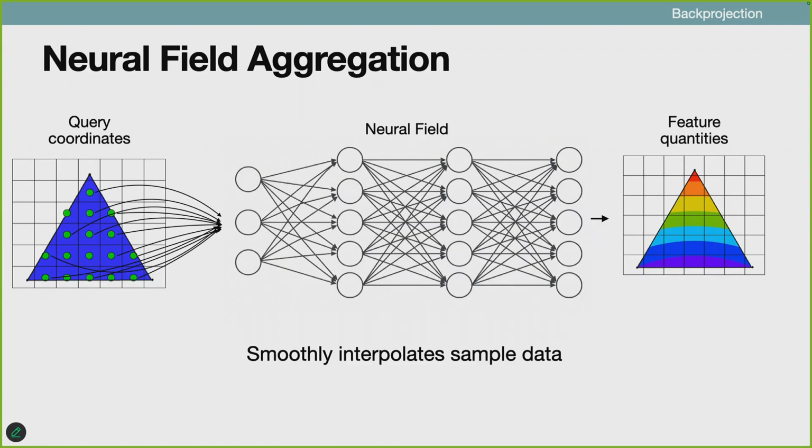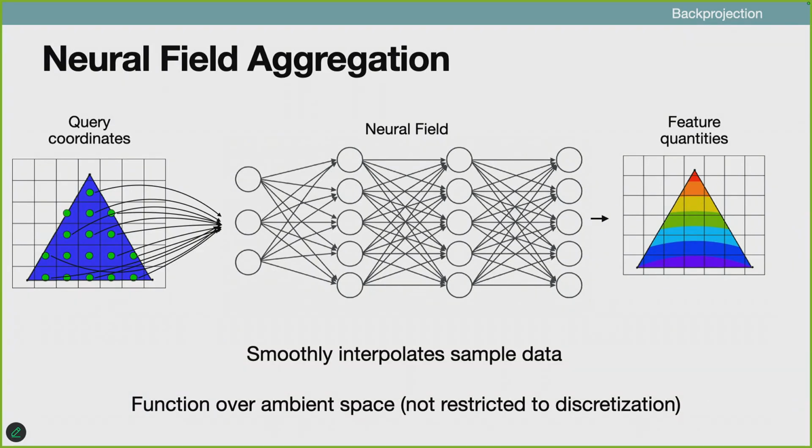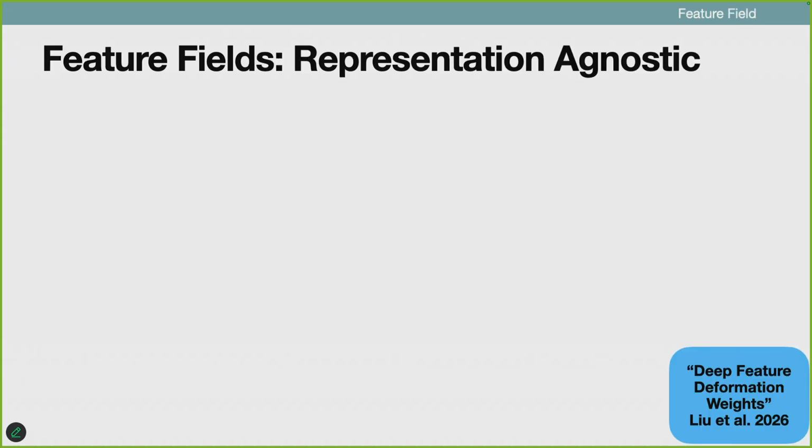This is just a common feature of MLPs that has been exploited forever at this point. And as mentioned, these neural fields are functions parameterized over ambient space, your 3D coordinate space, which means they're not restricted to any particular surface discretization, much like the render itself. So what does that imply?